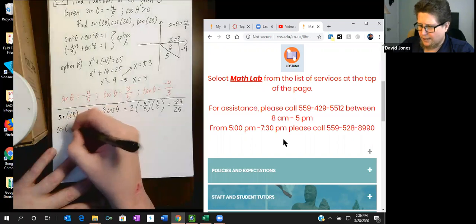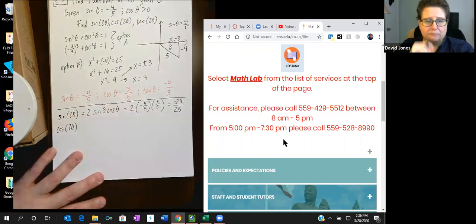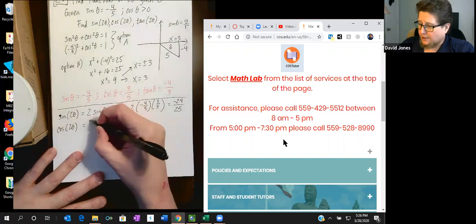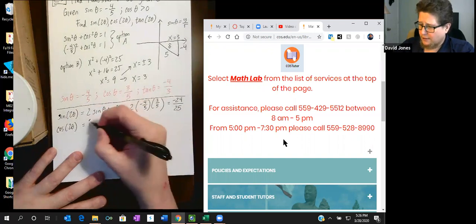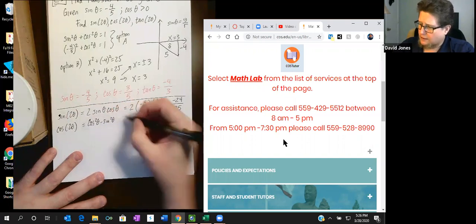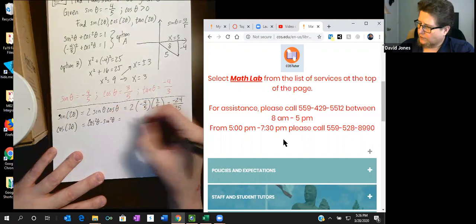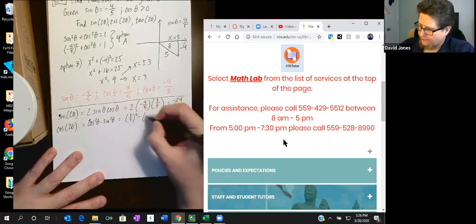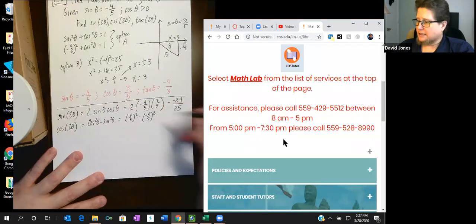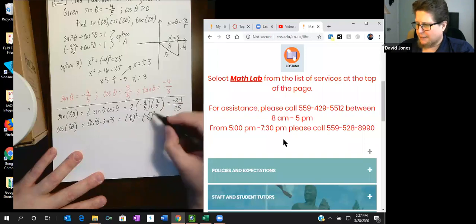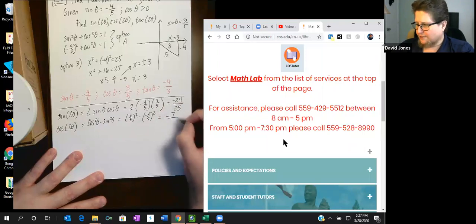Cosine 2 theta, we got some options. If we do the default one we started with, cosine squared minus sine squared is 3/5 squared minus -4/5 squared, which gets us 9 minus 16 on top, which is -7 over 25.